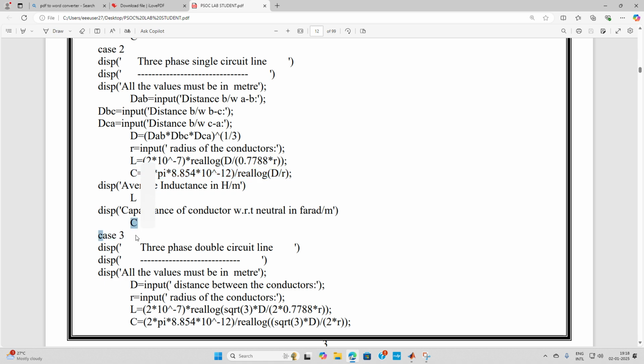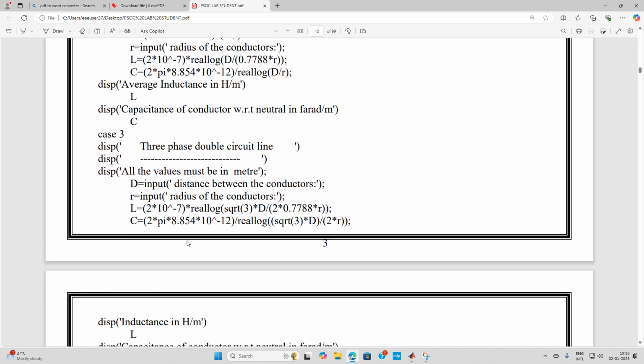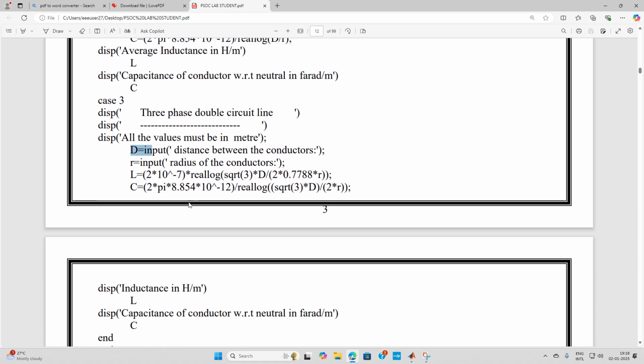Next, case 3. In this case we are using a 3-phase double circuit line. For the double circuit line, the same thing, a diameter D and a radius R, and the formula L is equal to 2 into 10 power minus 7 into ln of square root of 3 D by 2 into 0.7788 into the radius, because here we are using a 3-phase double circuit.